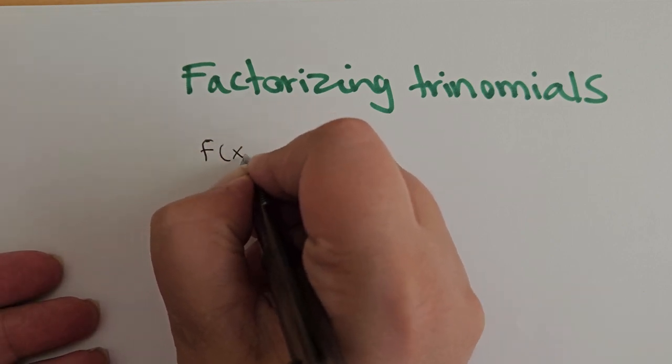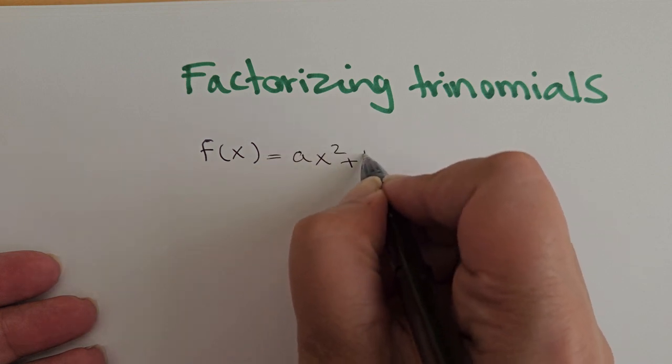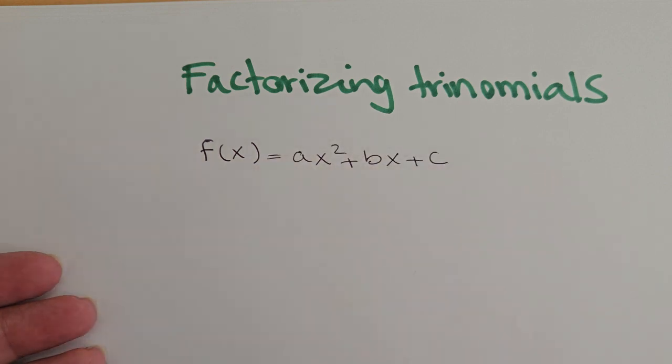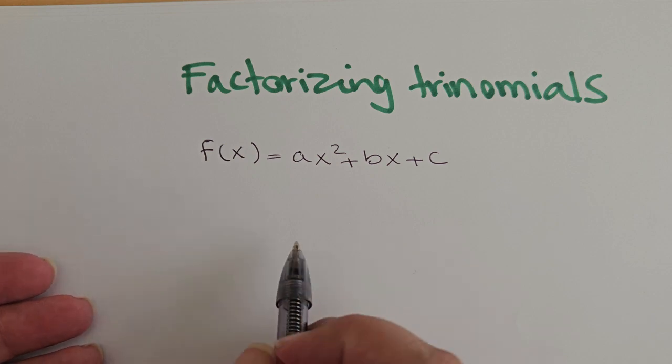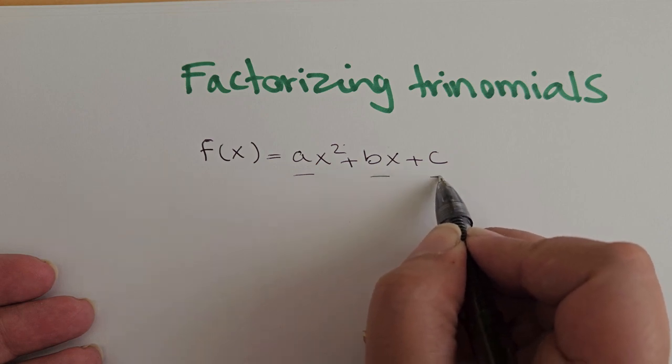So the general form would be f of x is equal to ax² plus bx plus c. As you can see here, the biggest power is 2, and there are three terms, 1, 2, 3.